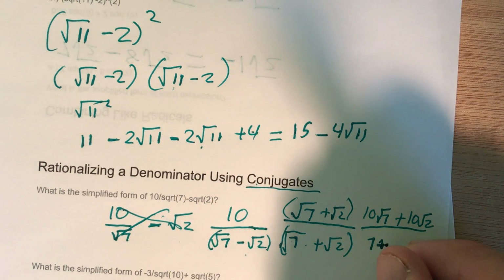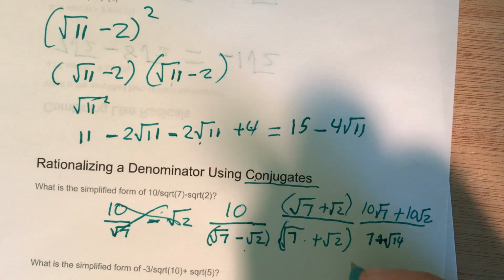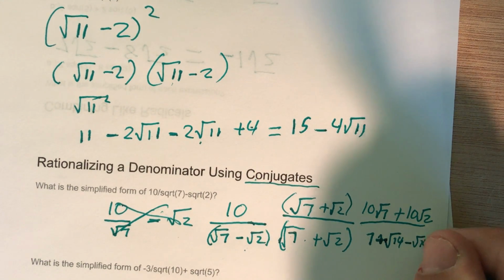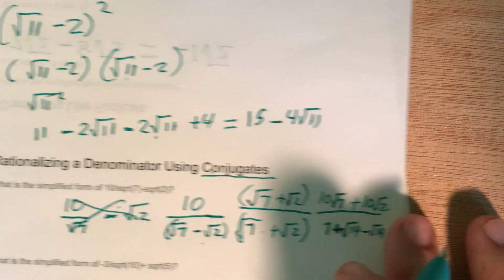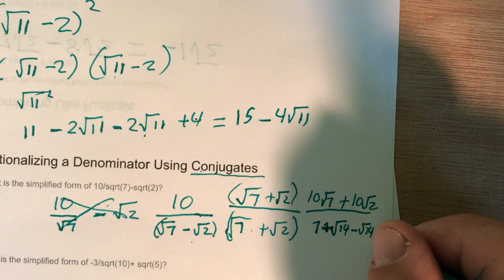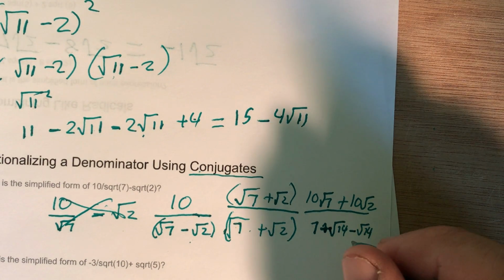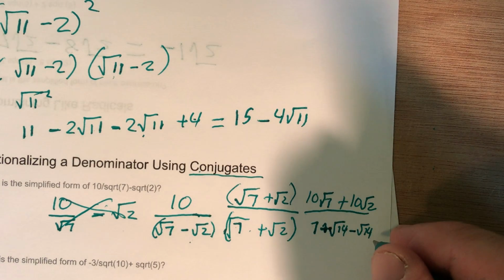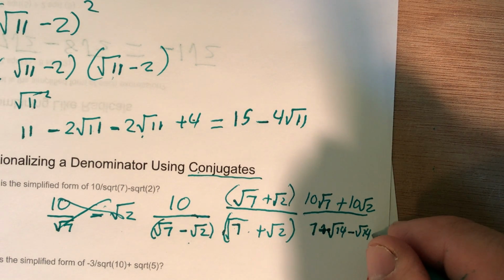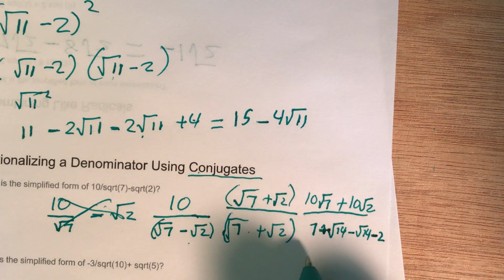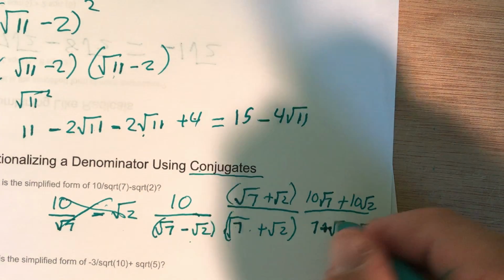You get square root of 14, 2 times 7. Keep it in that. Then inside, minus the square root of 14. And then the square root of negative 2 times the square root, you'd end up with a negative 2. Okay? So these are going to cancel out.